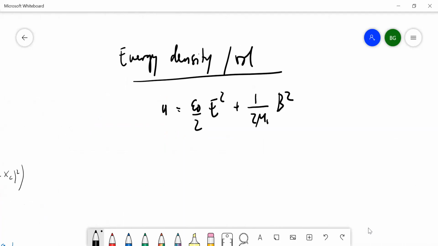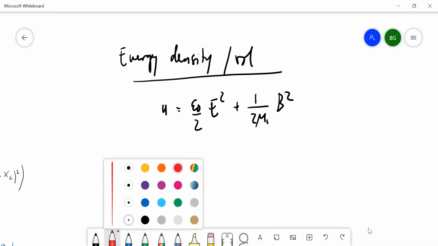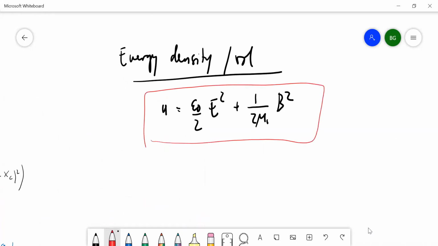I think we have discussed it, okay? So this one is for a capacitor, for example. This is for an inductor. But in our case, we have both electric and magnetic field.